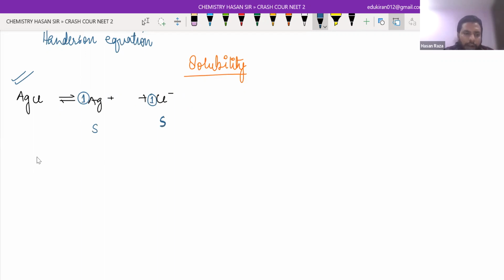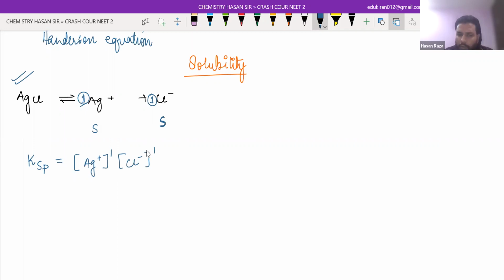Now we are going to write the solubility product constant expression, Ksp. Ksp stands for solubility product, SP, and K is constant. Solubility product constant is basically the product of the concentrations of the products, and if the stoichiometric coefficient is 1, you are going to put the power 1.